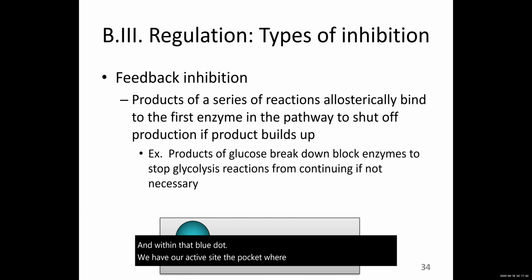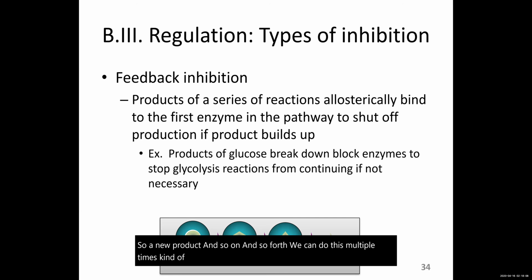Traditionally, a substrate, a nutrient, will go in, and when that nutrient goes in, it gets converted, it gets reacted, something happens to it, and we get a product. That product will go on to another enzyme, and that product becomes a new substrate and gets converted into something else, a new product, and so on and so forth. We can do this multiple times, kind of like in glycolysis, except you'd have 6 steps.